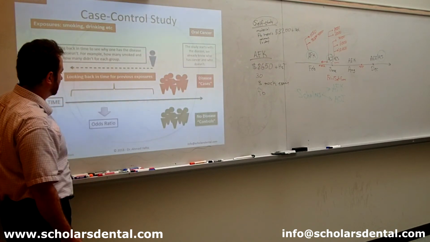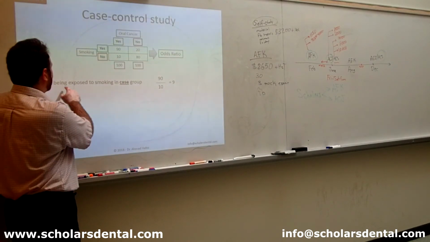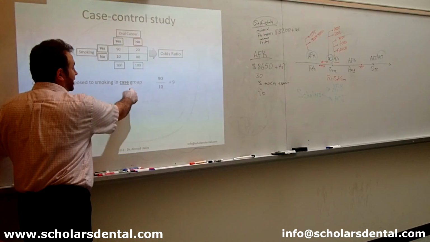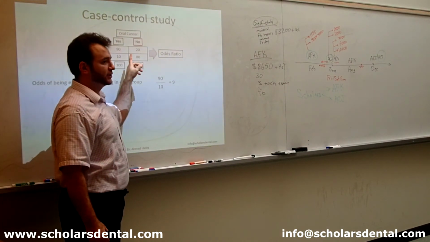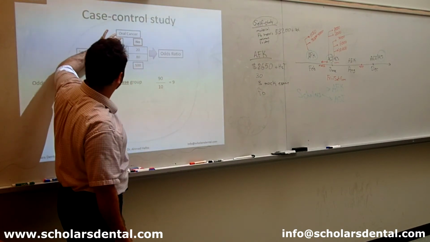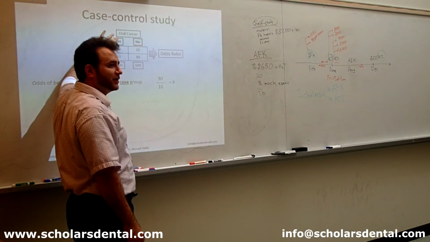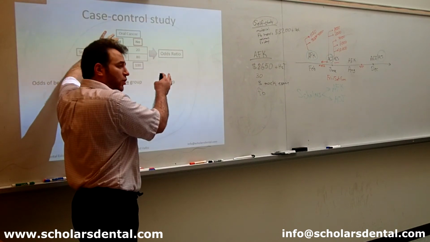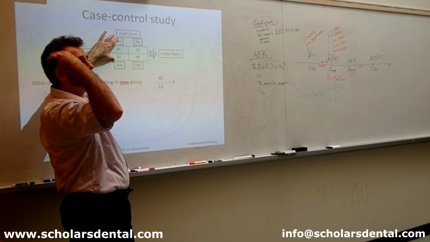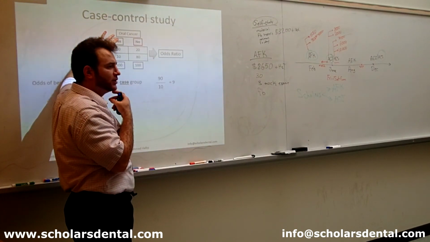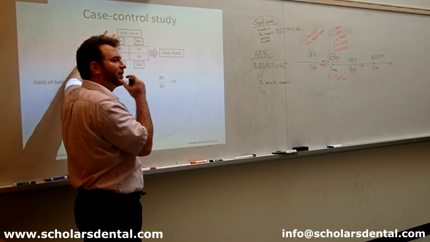Anyway, what it means, the odds ratio is, first, odds of being exposed to smoking in case group. So what does case group mean? With cancer or without cancer here? With the cancer, right? So what we're saying in English is basically, if you have the disease, what's the chance that you have been exposed in the past? Right? So if you have the disease now, what's the chance that you have smoked in the past?